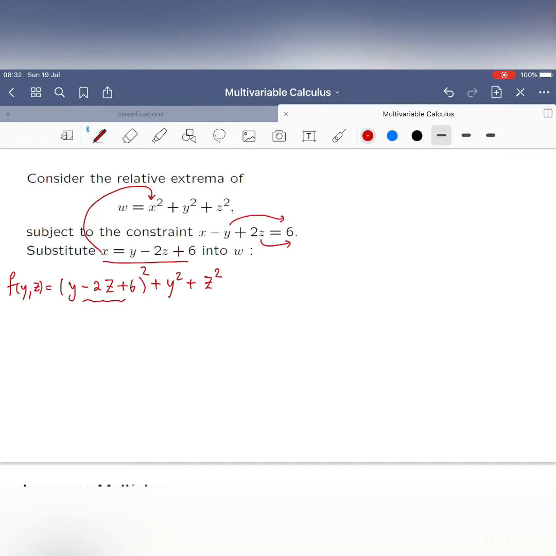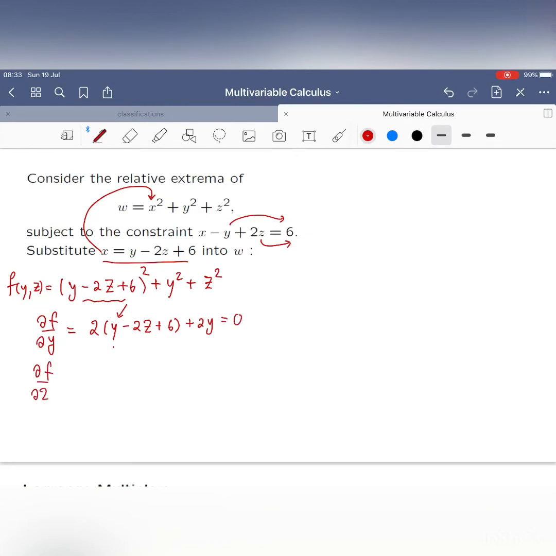So if you want to find the relative extremum of this kind of two variable function, first you need to do a derivative with respect to one of the variables, right? So you have 2(y − 2z + 6), and then a derivative of the inside with respect to y, which is 1, and then plus 2y, make it equal to 0.